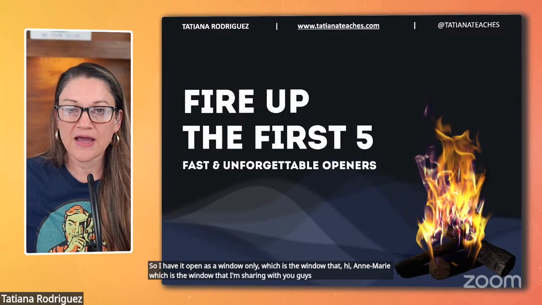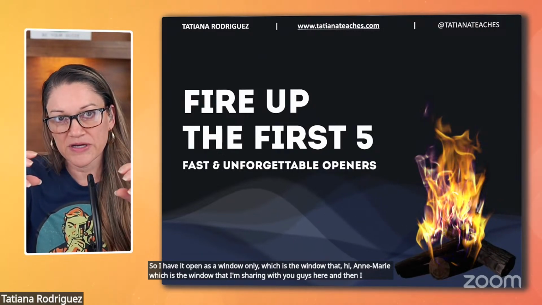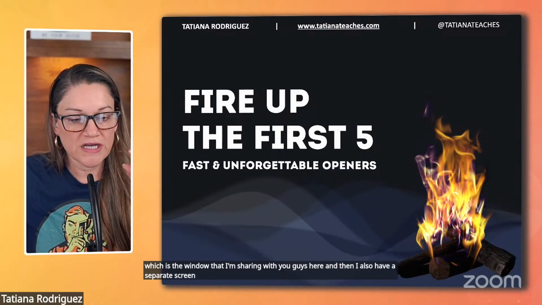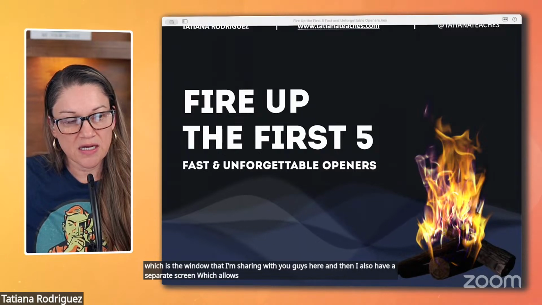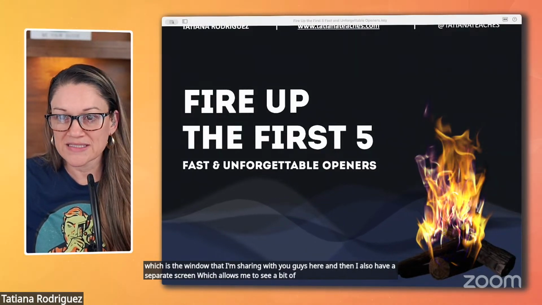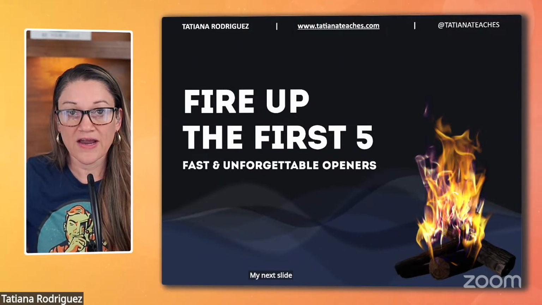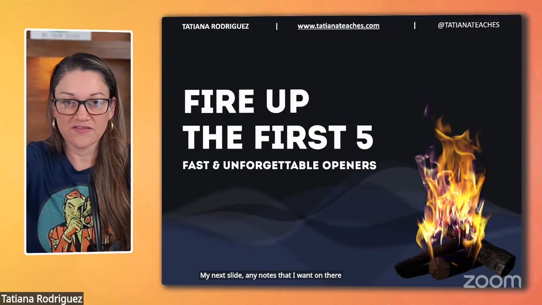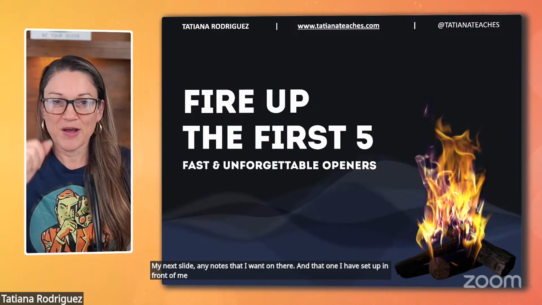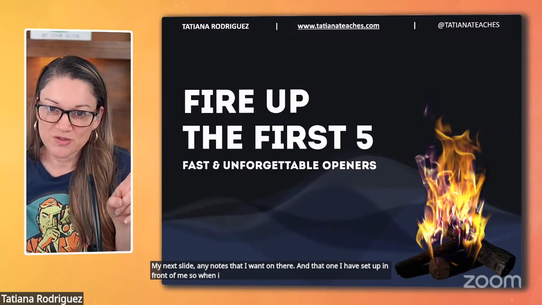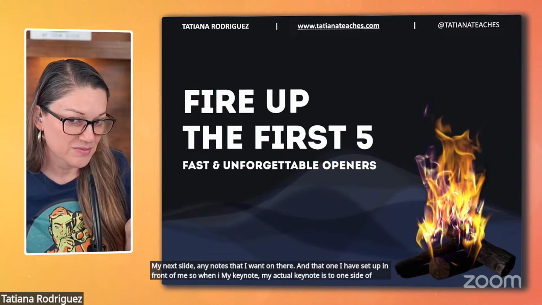And then I also have a separate screen, which allows me to see a bit of a presenter mode where I can see my next slide and any notes that I want. That one I have set up in front of me. My actual keynote is to one side of me, but I don't want to constantly be looking at it.